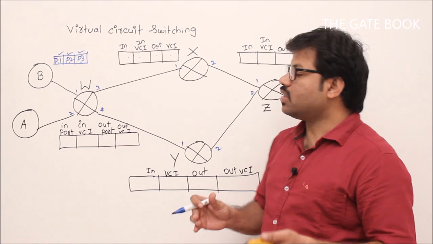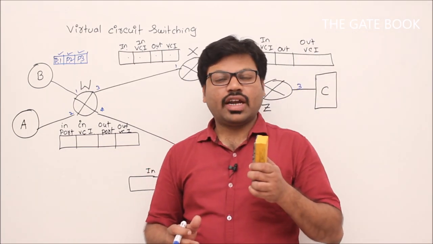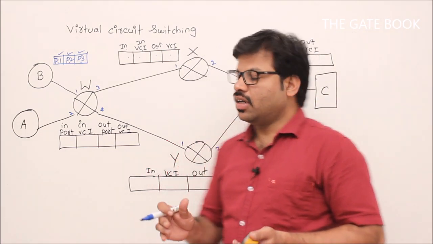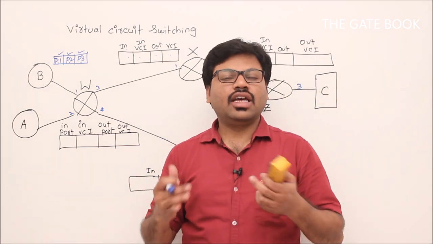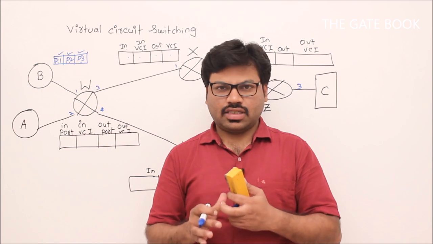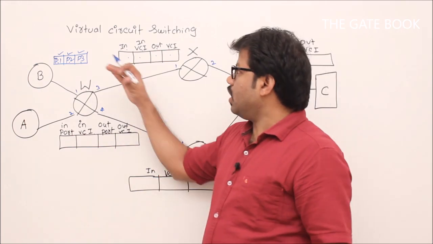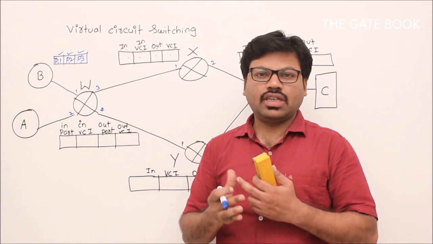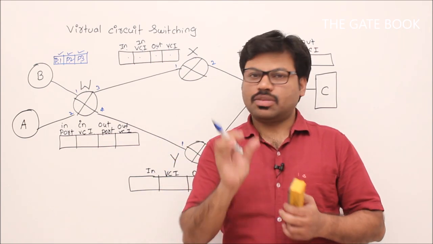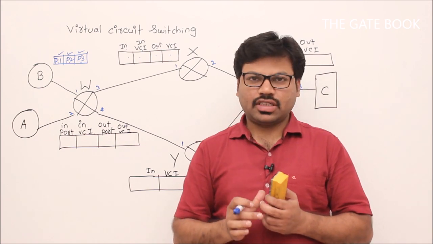What is the difference between the virtual circuit identification number and the destination address? In packet switching we use source address and destination address, which are usually IP addresses. But virtual circuit switching does not use IP addresses. It uses small numbers like virtual circuit identification numbers.